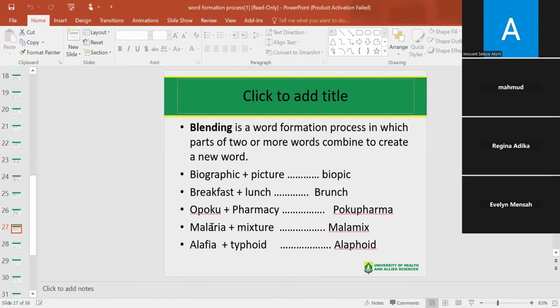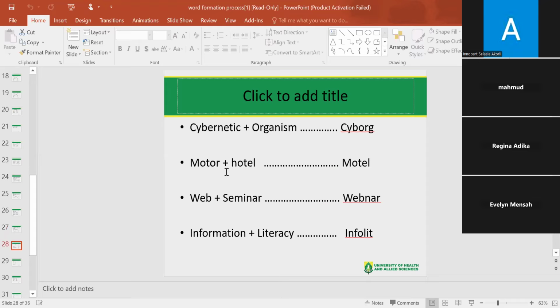So in this case, it is the beginning of the first one, the two syllables, plus the beginning of the second one. Alafia plus typhoid gets alafoid. This one has to do with the beginning of the first one and the end, the last syllable, of the other one.